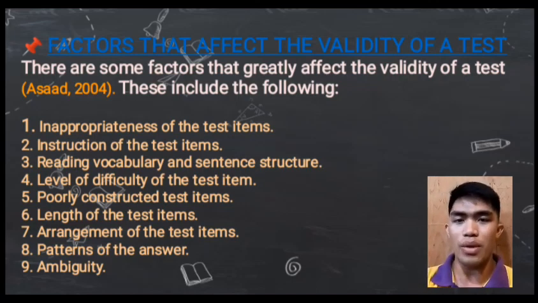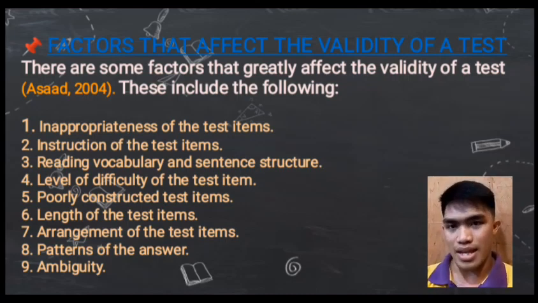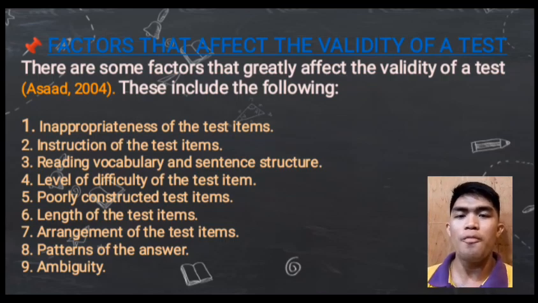And number 8, we have pattern of the answer. Remember, a systematic pattern of correct answers will enable students to guess answers, and this will lower again the validity of the test. And number 9, we have ambiguity.